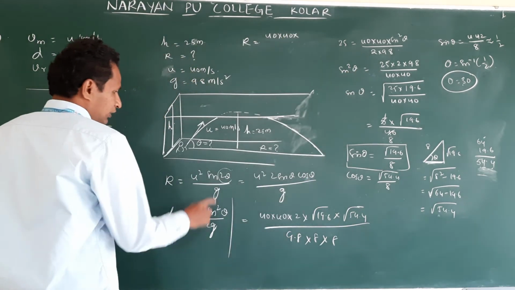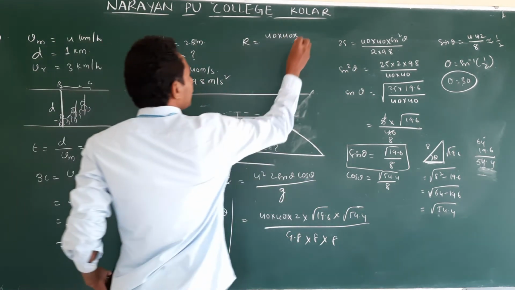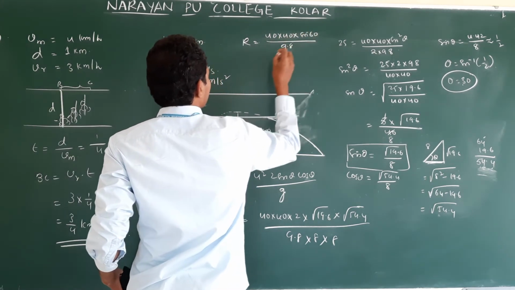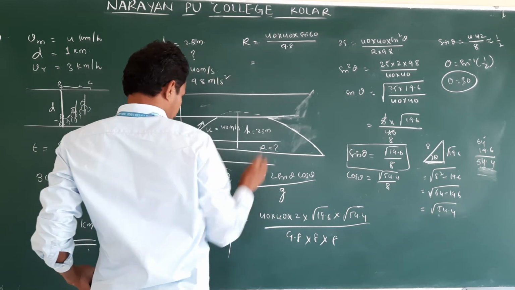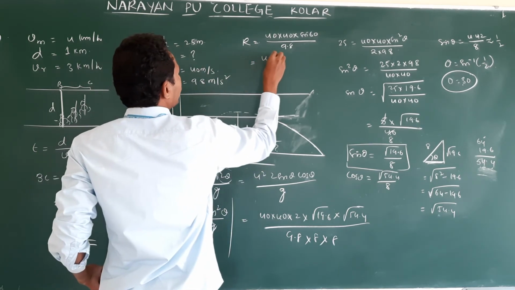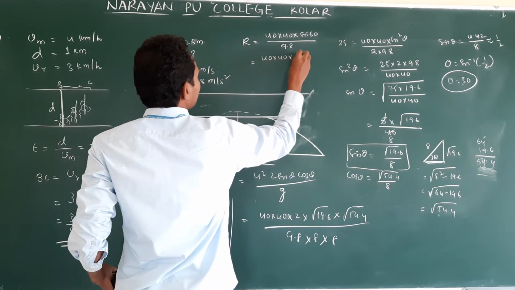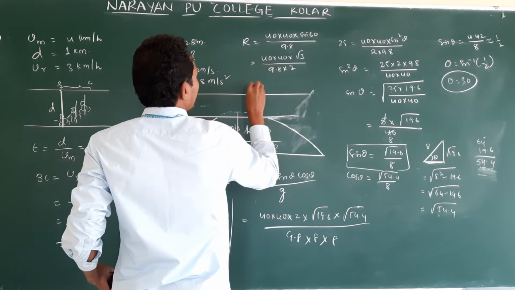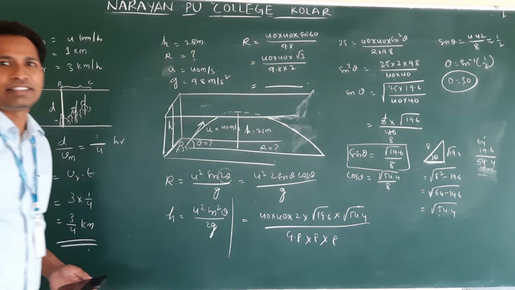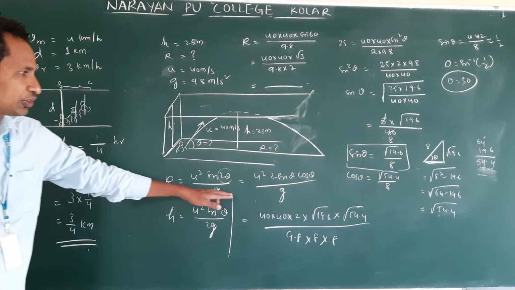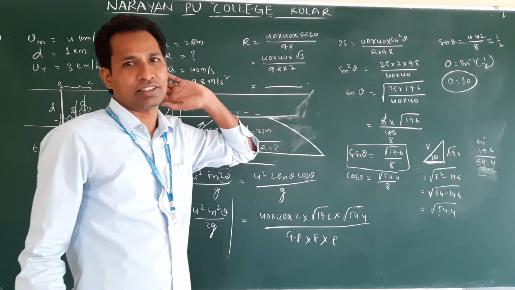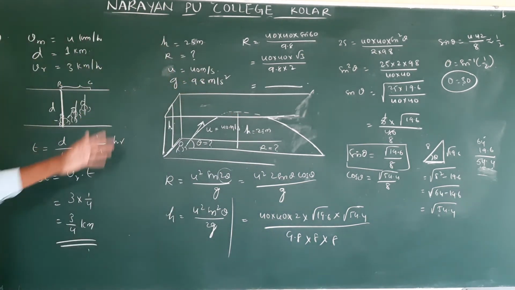Theta 30, sin 2 theta is sin 60, by 9.8. So this is 40 into 40 into sin 60, root 3 by 2, by 9.8. Again solve it, you will get the answer. There are two ways to find the solution: finding sin theta and cos theta, or directly finding theta. Understand? So make a note of this.